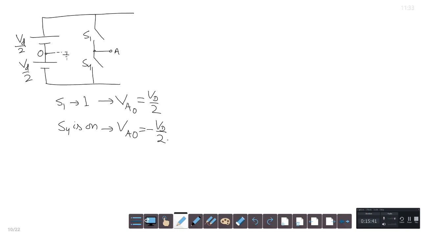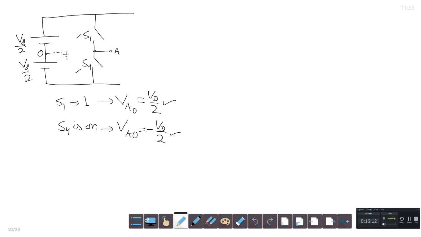So, for all three phases the corresponding voltages are either plus Vd by 2 or minus Vd by 2. Because it is a sine PWM, it is a continuous comparison of the reference voltage with the carrier, and in each phase either S1 is on or S4 is on, accordingly the voltage of that phase is plus Vd by 2 or minus Vd by 2.